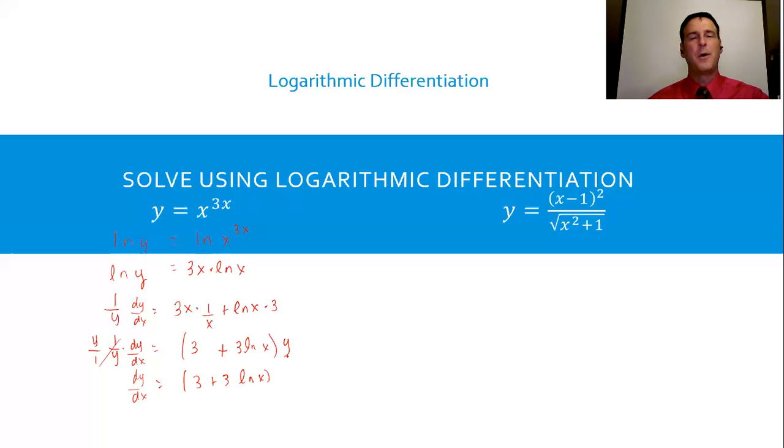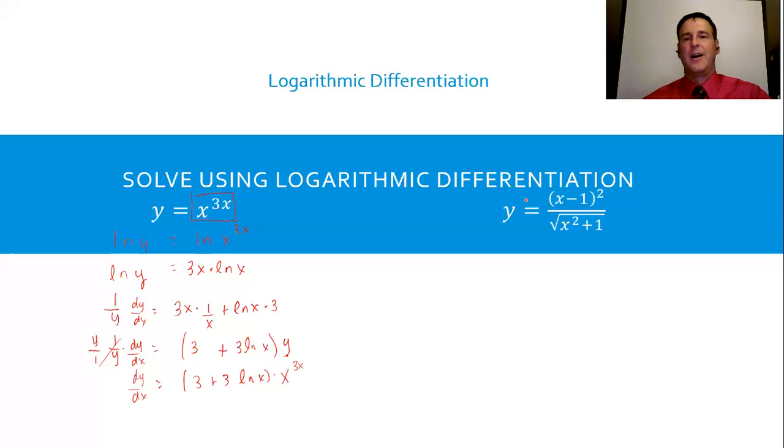However, we know what y is, and I can write this all in terms of x. y is this item to the right of that, so that is x to the 3x power. You are done. Again, I oftentimes do logarithmic differentiation when you have bases and powers that are both the variable that you're taking a derivative of.